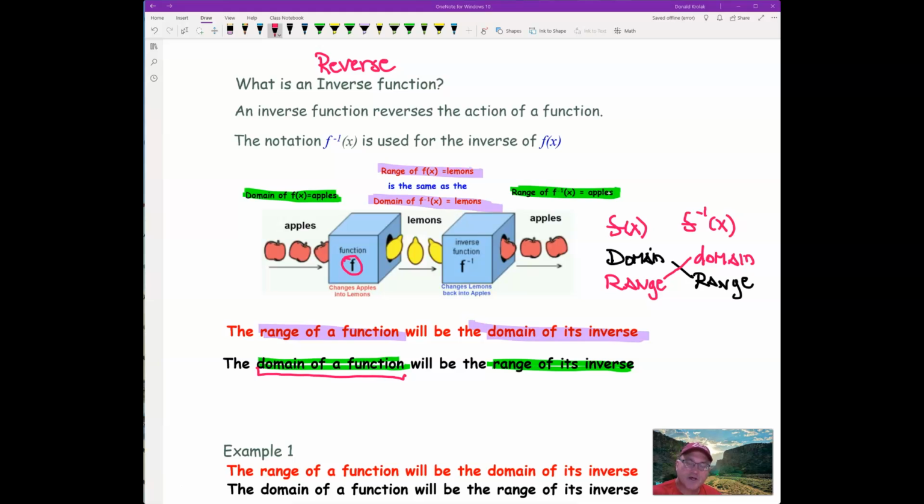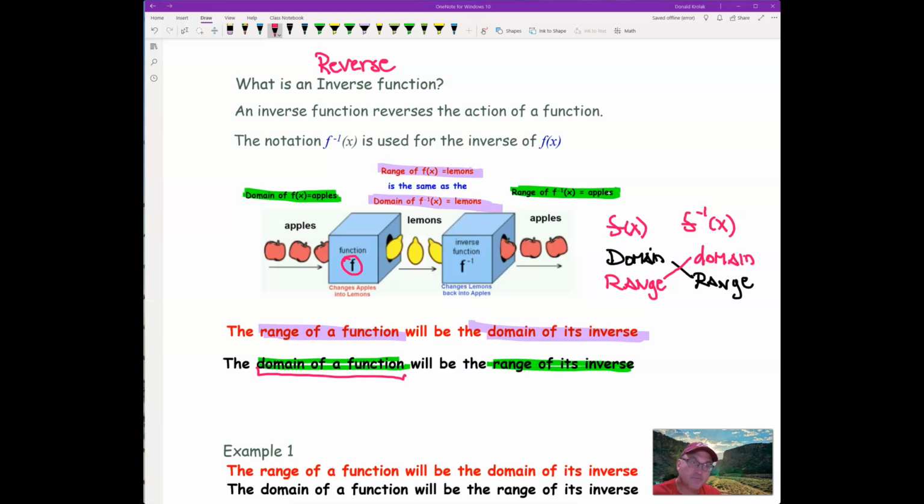When you hear all that domain and range, it can get confusing. So if I take the domain of the original function, it's going to be the same as the range of the inverse. That's these two parts that I highlighted in green. The range of the original function is equal to the domain of the inverse.